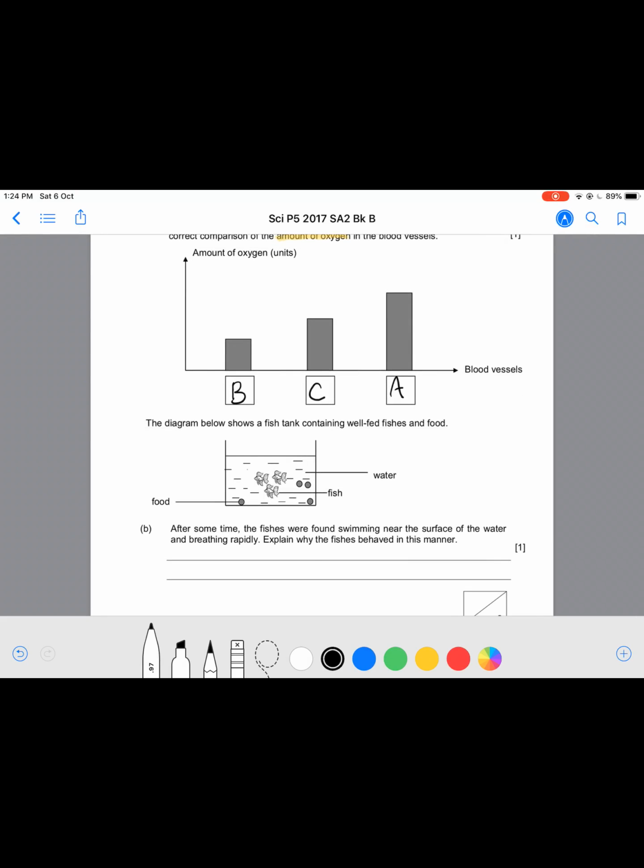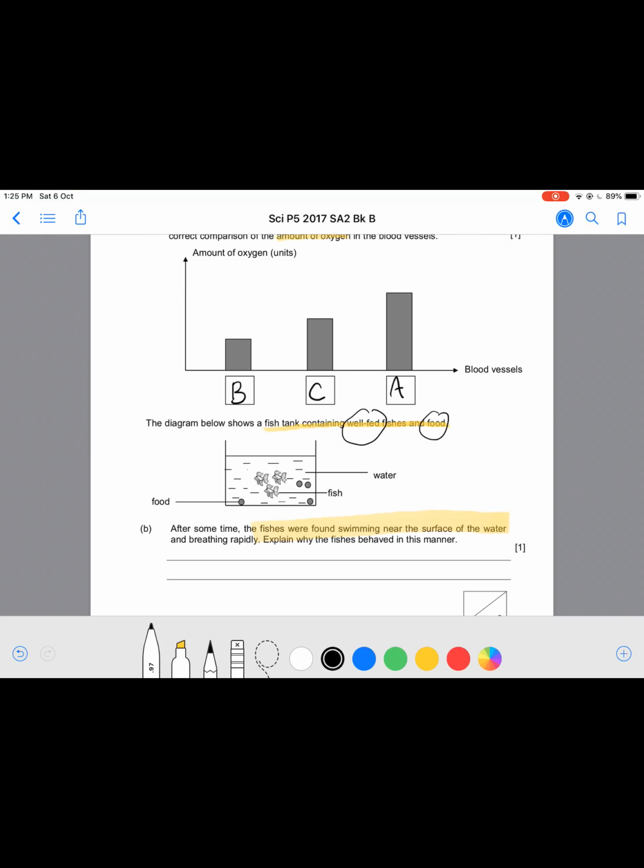Diagram shows a fish tank containing well-fed fish. So it's already well-fed. It has all the food it needs. After some time, the fishes were found to be swimming near the surface of the water. So those who keep fishes at home, sometimes you realize that happens as well.